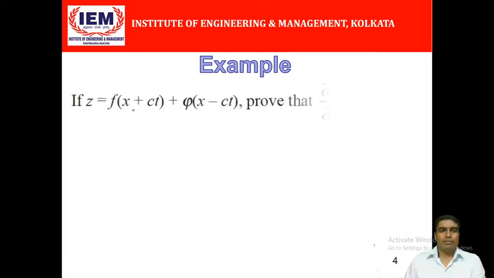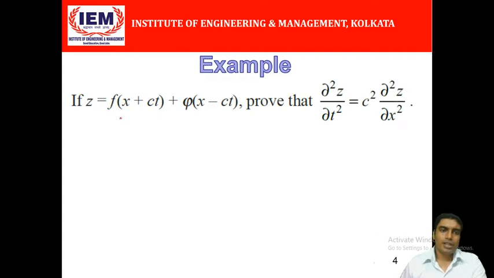Suppose we have a function z equal to f of (x plus ct) plus phi of (x minus ct), and we have to show that del 2z del t square equals c square del 2z del x square.